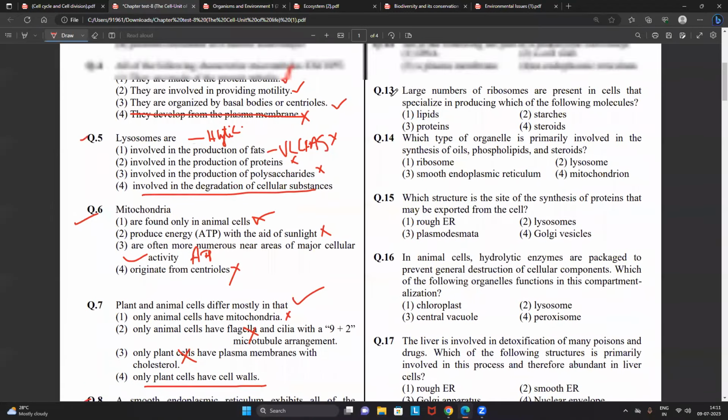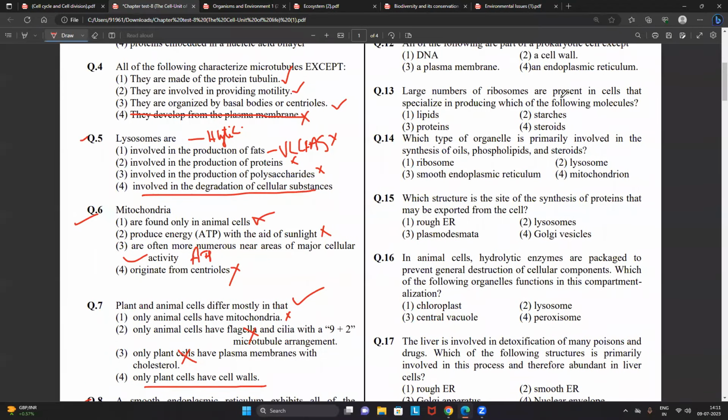Question number 13. A large number of ribosomes are present in the cells that specialize in producing which of the molecules? Quickly, friends. These are all basic level, I want you to do a little faster. It's like a fast test. So obviously ribosomes are involved in the synthesis of protein.